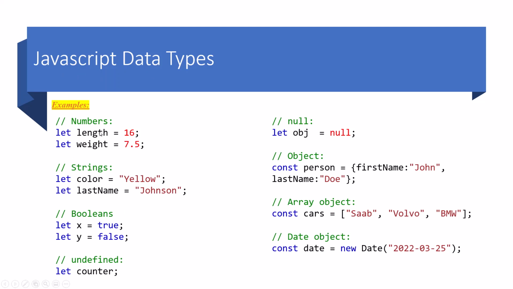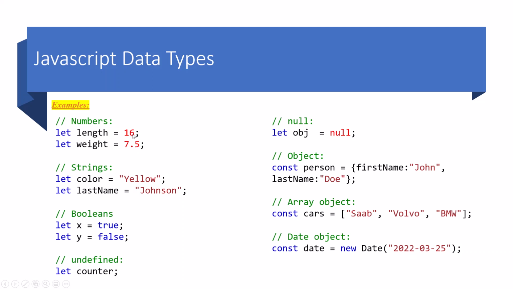We have three different keywords to declare variables in JavaScript: let, const, and var. We have already seen those keywords in our previous videos. Here we will see the data type examples. If you want to declare a variable with data type number, here let length is equal to 16.